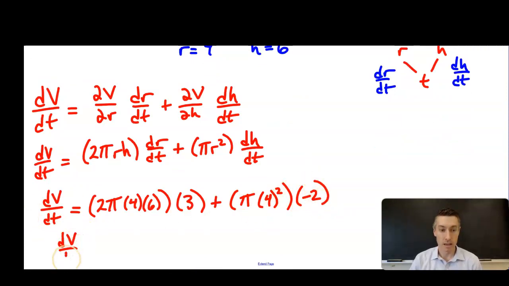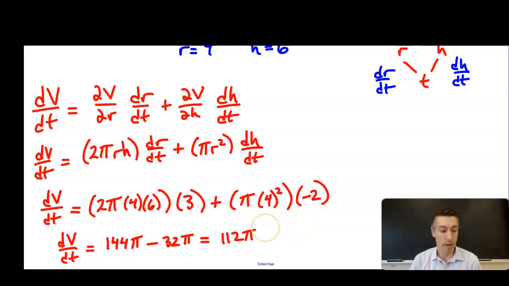So dv/dt equals 48 times 3, which is 144 pi, minus 32 pi. So that's going to be 112 pi.